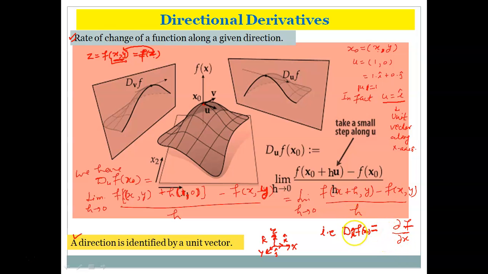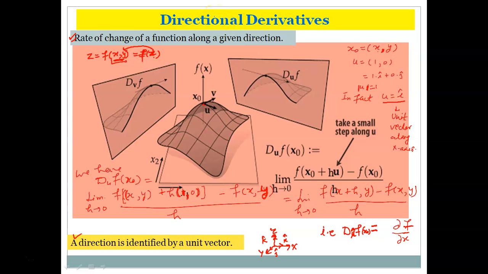Similarly, if we consider j, suppose this becomes v and we write (0, 1), then that way it will become del f over del y, meaning the first order partial derivative of the function f with respect to y will represent the rate of change of the function along the direction of the y-axis. So in rectangular coordinates, these are two perpendicular directions along the x-axis and y-axis.